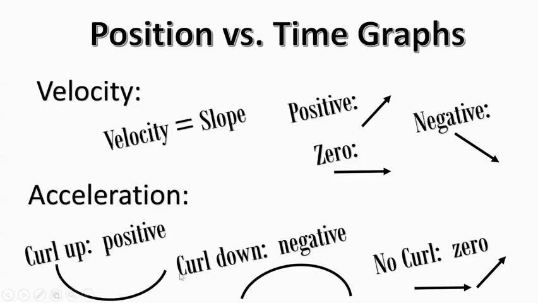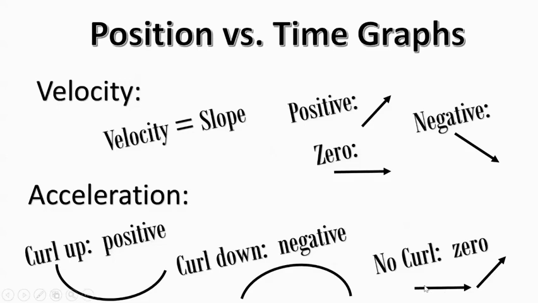Some people like to say that a smiley face is positive, a frowny face is negative. That doesn't sound very scientific, but it's actually true 100% of the time with position graphs. If you can imagine your graph being part of a smiley face, then it has positive acceleration. If you can imagine it being part of a frowny face, then it has negative acceleration.